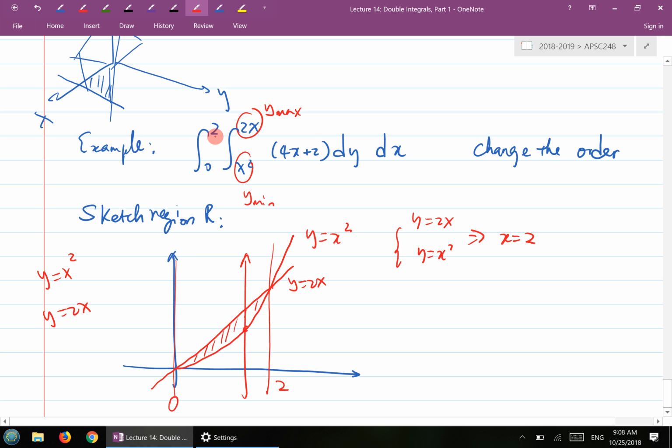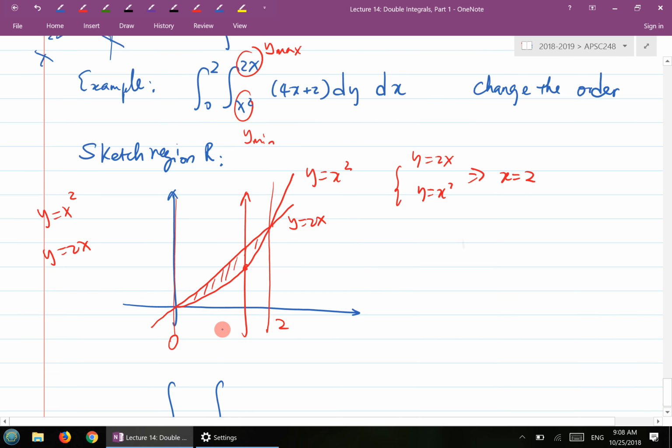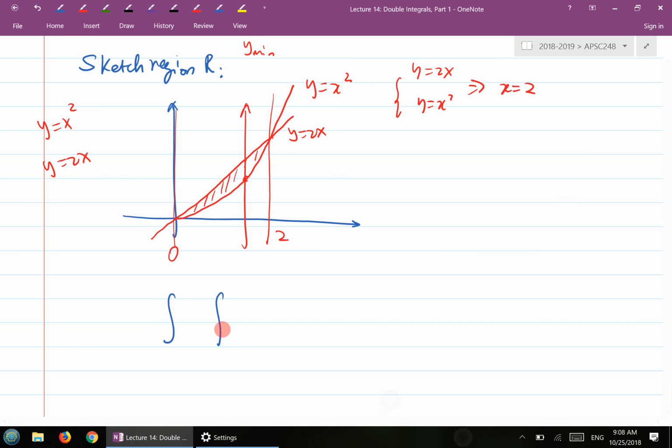Once you find the region R, changing the order becomes a relatively easy job. Changing order means instead of drawing the arrow lines in the y-axis direction first, you draw the arrow line in the positive x-axis direction. That's what change of order means.